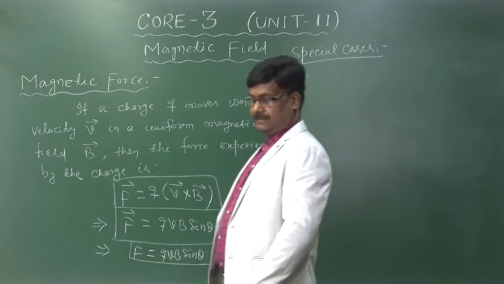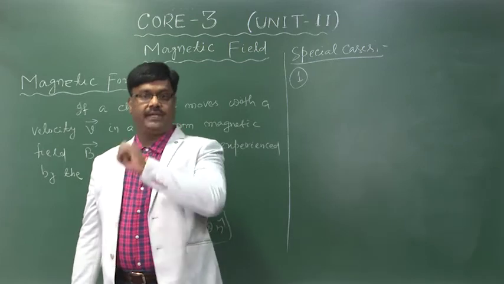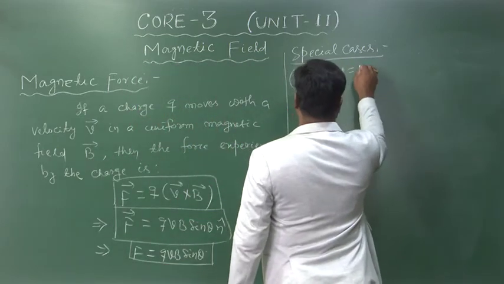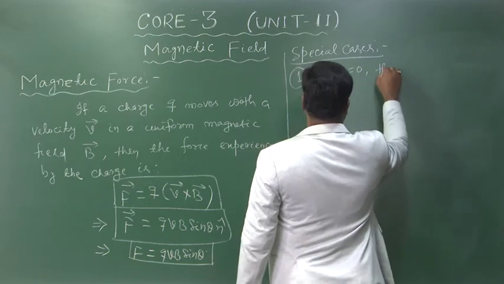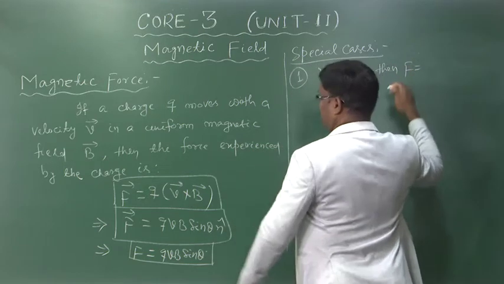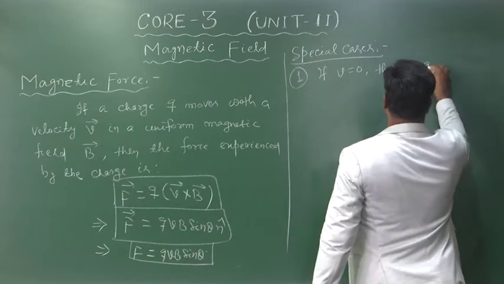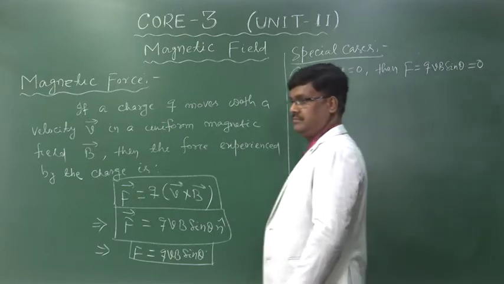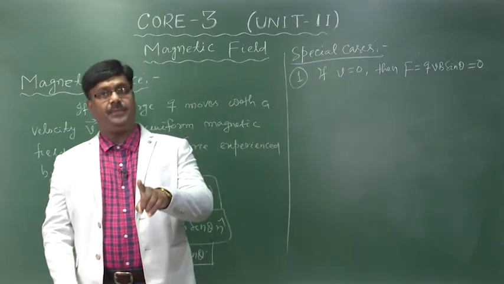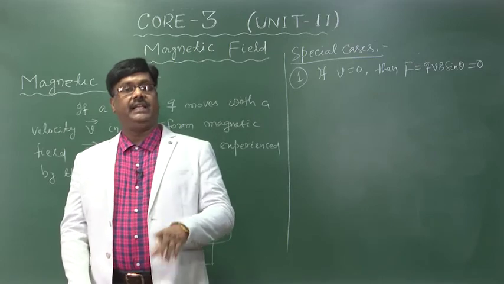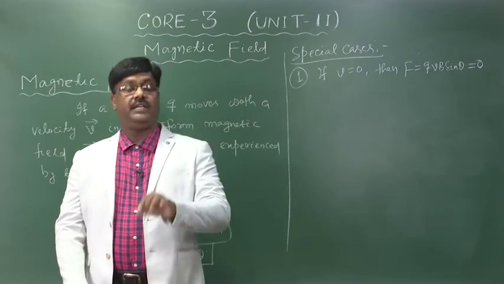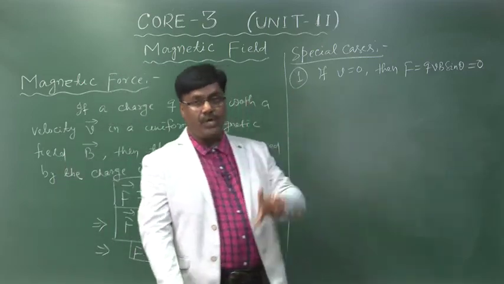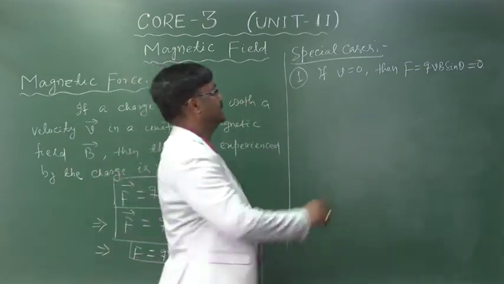Special cases. Number 1, if V is equal to 0, then F will be how much? QVB sin theta equal to 0. That means if a charged particle is at rest in a uniform magnetic field, then no magnetic force acts on it.